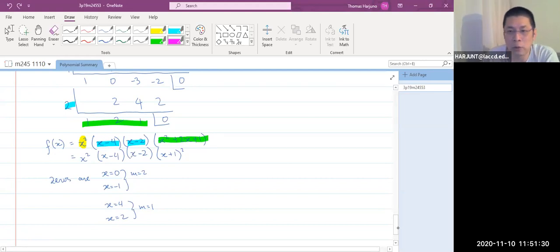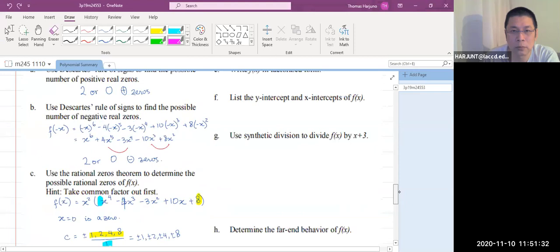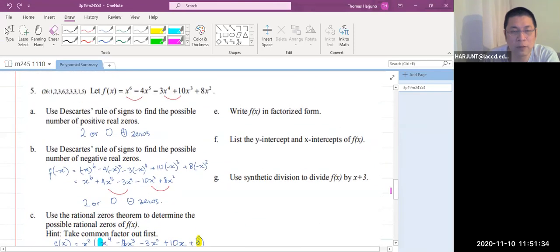Then I will go on. And what is this function in factored form? This function is equal to x squared, x minus 2, x minus 4, x plus 1 squared. How about the y-intercept?